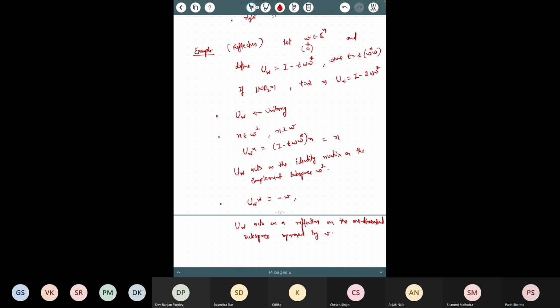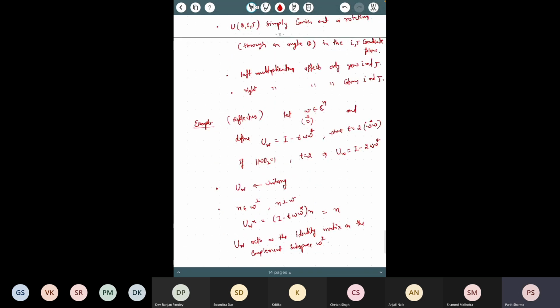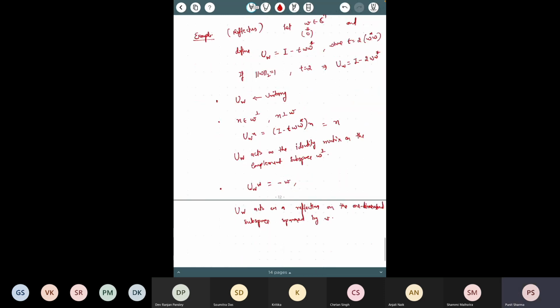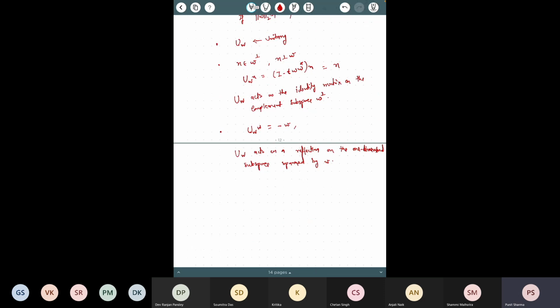Okay. So these two matrices, as I mentioned, the Householder reflectors and rotators, are very important, for example, in eigenvalue computation algorithms, or when you want to create zeros in a matrix.